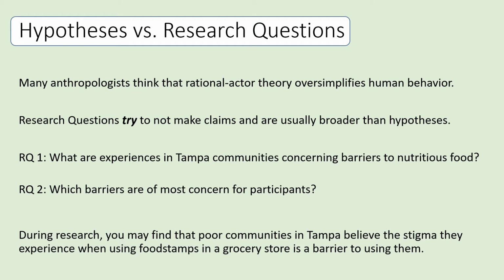Many anthropologists, not all, but many, think that rational actor theory oversimplifies human behavior. Human behavior is messy, and we are, by our very nature, very irrational beings. We do things all the time that don't make rational sense, in the sense that rational means I need to do this thing, so therefore I will do this thing.